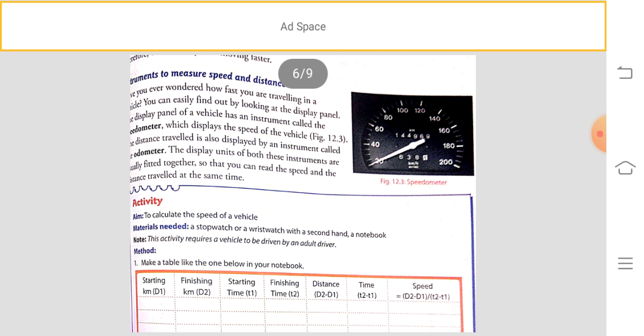There is also a small box which tells us the distance traveled by the vehicle. The instrument which tells us the distance traveled by the vehicle is known as an odometer.